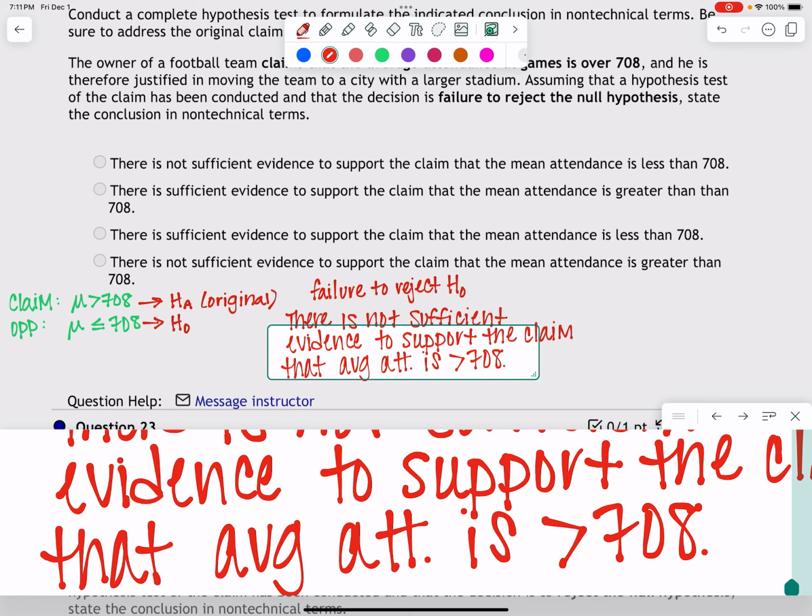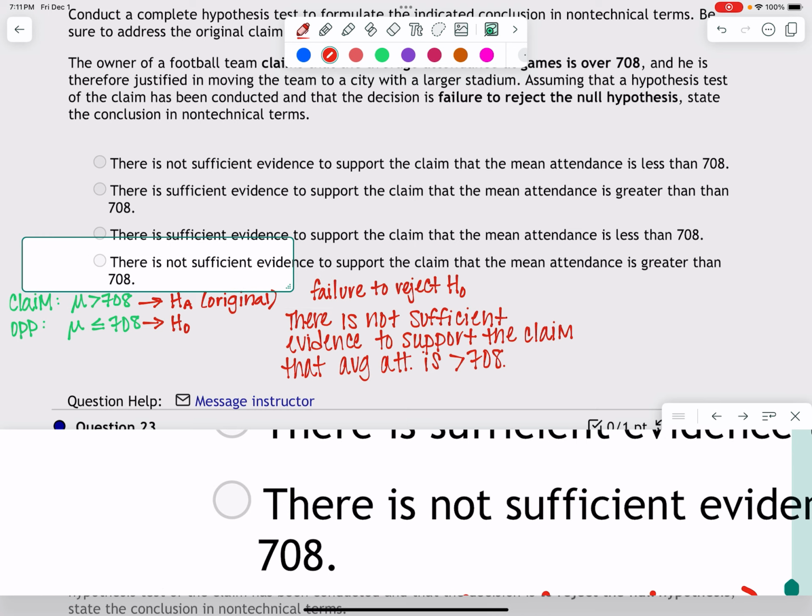So if we compare that to the answer choices, there's not sufficient evidence to support the claim that mean attendance is greater than 708 is that guy right there.